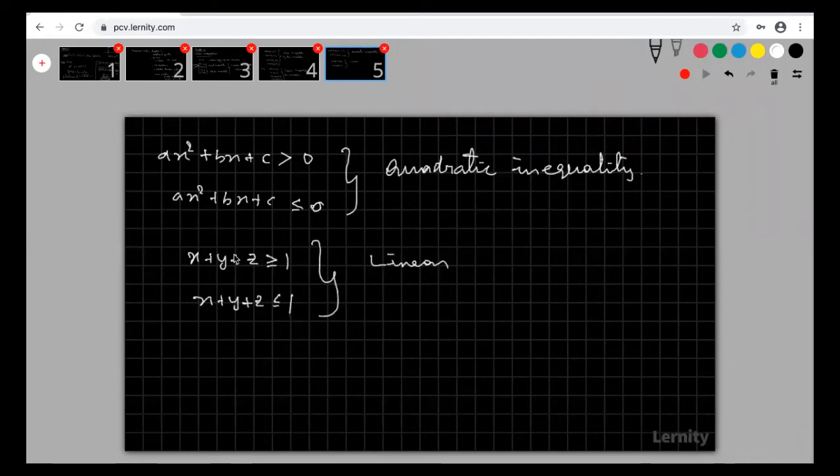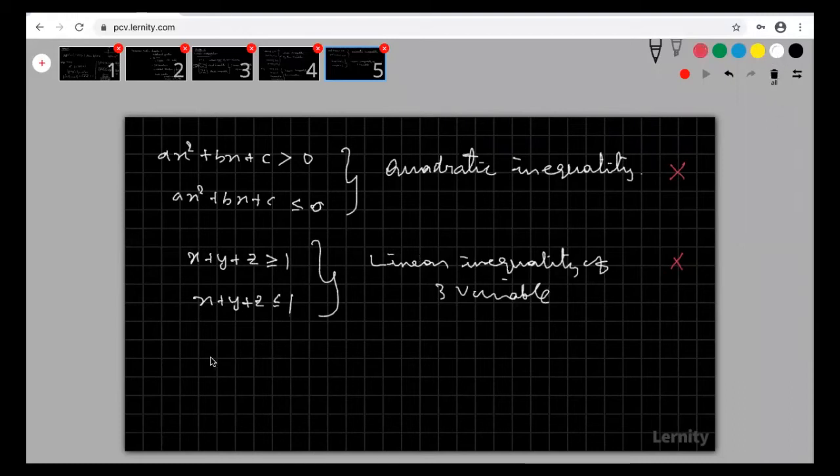Degree is 1. Linear inequality of three variables. But these we are not going to discuss in this chapter. Quadratic inequality, we are not going to discuss anything. Linear inequality of three variables, we are not going to discuss anything. For example, I am telling. So please try to understand.